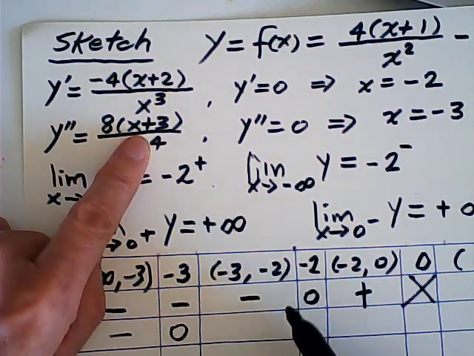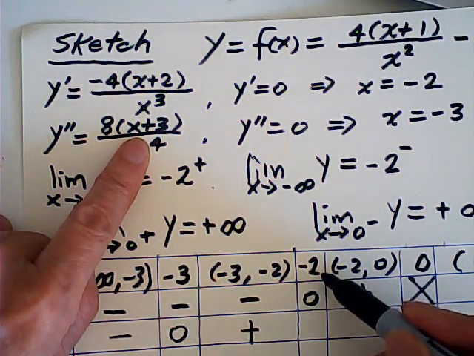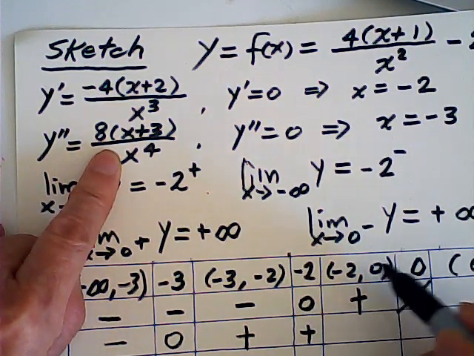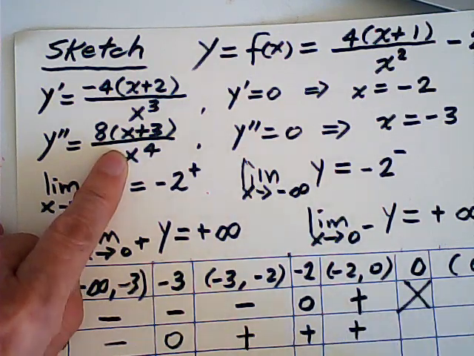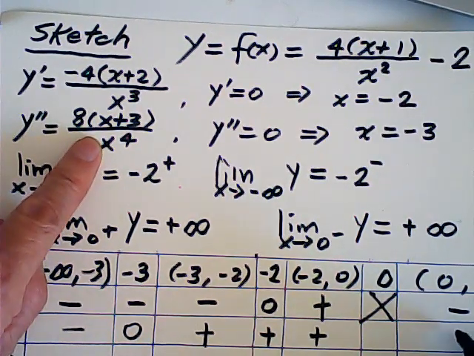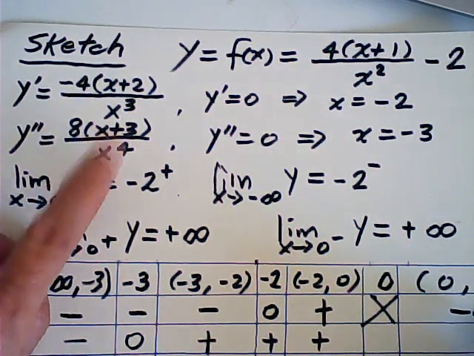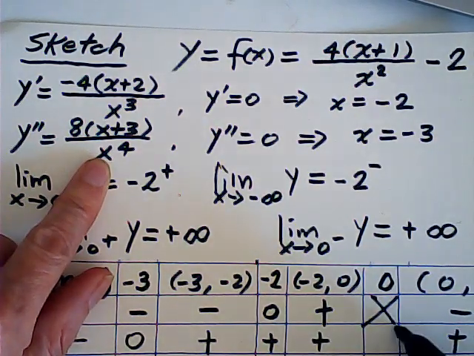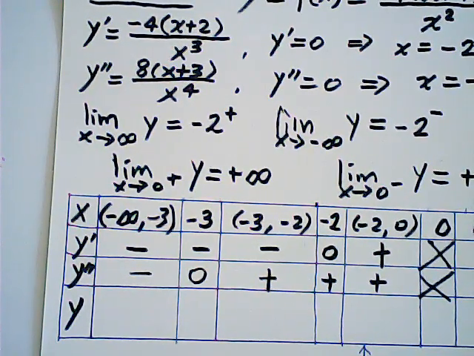Put it here, the sign is positive. -2, put it here, positive. Here I choose -1 to test, it's positive. Here I choose 1 to test, or a million, it is positive. At 0 it is not defined. Okay. Very good.